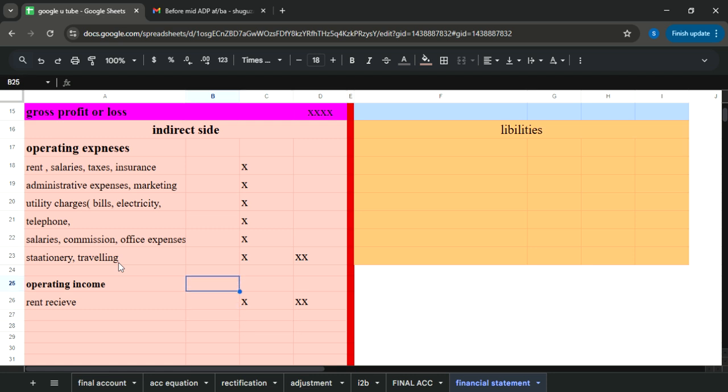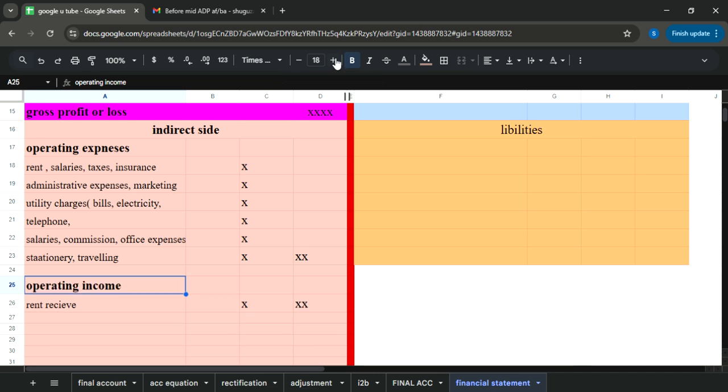So this is your indirect side where operating expenses and operating income you have written. Beside this, there are two more items. Here you will mention your other expenses, and here you will mention your other income.